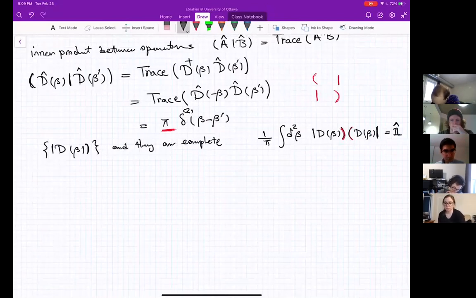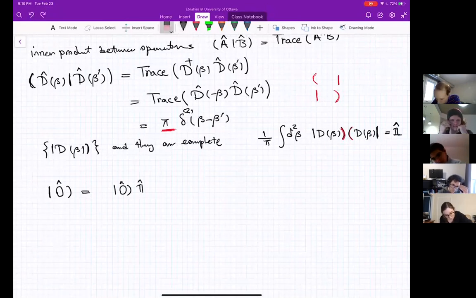Now, any operator O I can expand in terms of these super operators that I have. So it means that this operator O essentially can be written in terms of 1. Then, sorry, it should be on the other side.